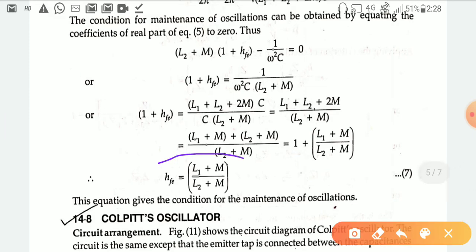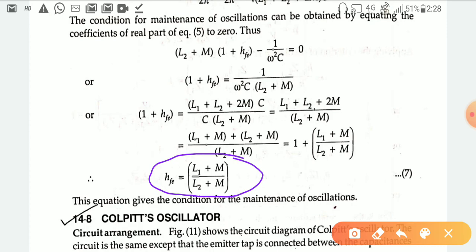From the h_fe, this identifies that you should choose it in such a way that it is the exact value as the ratio of L1 plus M by L2 plus M. So when you purchase any kind of transistor for designing a Hartley type of LC oscillator, you should remember that the L1 and L2 inductors have to be chosen in such a way that the ratio between them will be the exact value of h_fe for maintaining the oscillation.